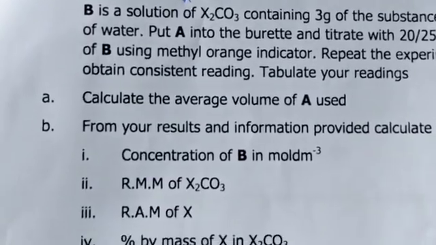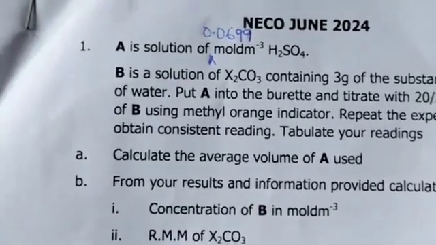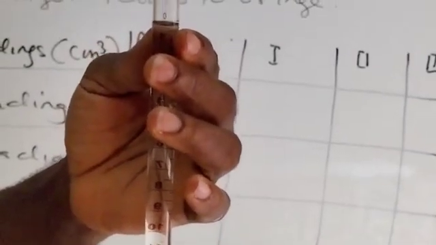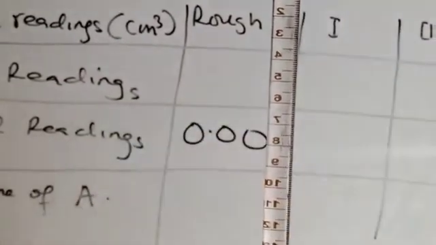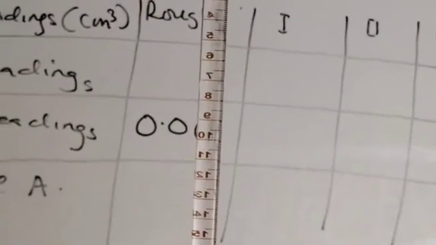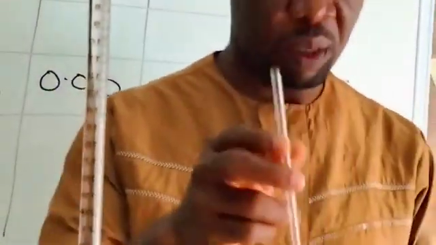So before we go to the calculations here, we're going to do the experiment first to find the end point. So we can see that the acid level has been leveled to 0.00, the initial value. So report initial value under rough as 0.00. So we're now going to pipette the alkali into the conical flask using the pipette. So this is our pipette.